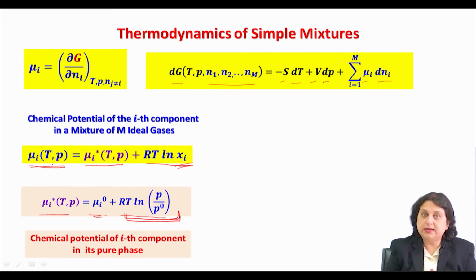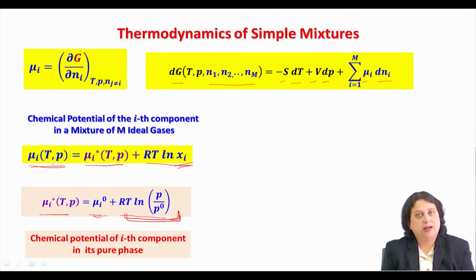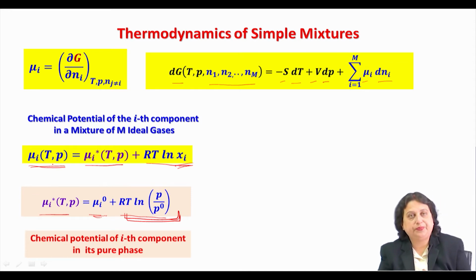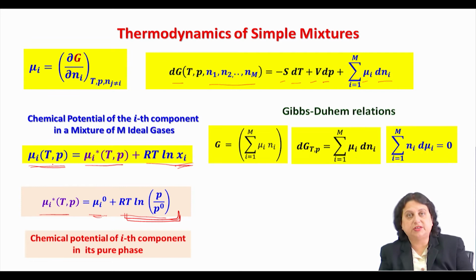But once again, evaluation of the chemical potential is usually not experimentally accessible. And therefore, what you do is you try to replace the chemical potential and obtain the corresponding quantity in terms of the concentration, for example, in terms of mole fractions.